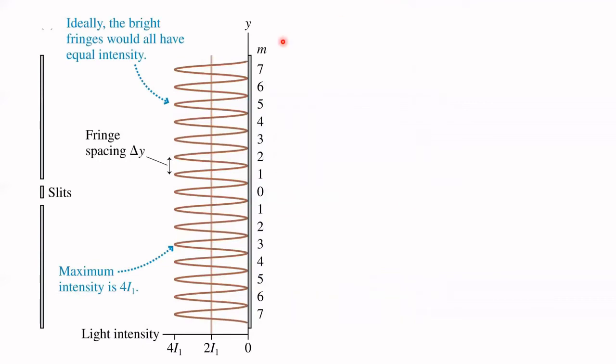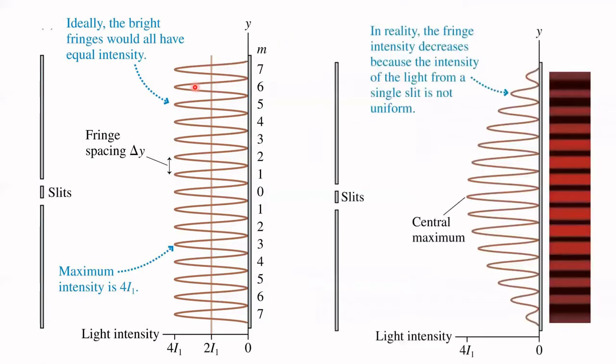Here's the function that we're going to use to describe the ideal intensity pattern from 2 point sources. That's where we don't worry about the fact that the intensity really drops off as we move away from the center. It looks kind of like a cosine curve or sine curve, but we're going to see it's really cosine squared.